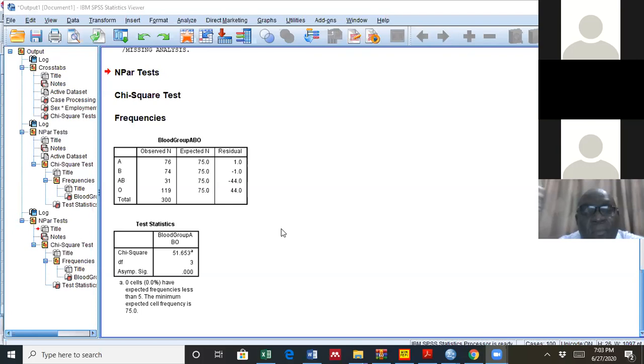So here the residual means the deviation, the difference between the observed and expected. And we have been saying it before: when you add the positive and negative, they cancel one another. Can you see? -1 plus 1.